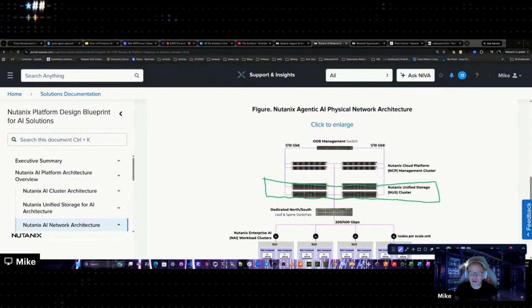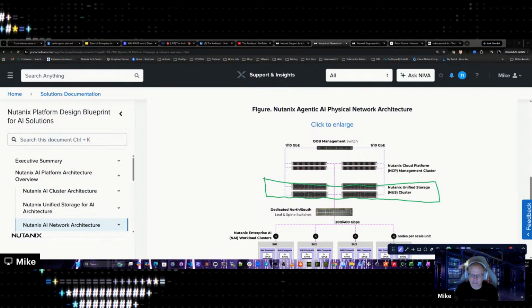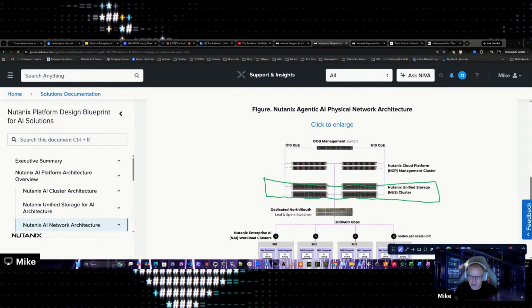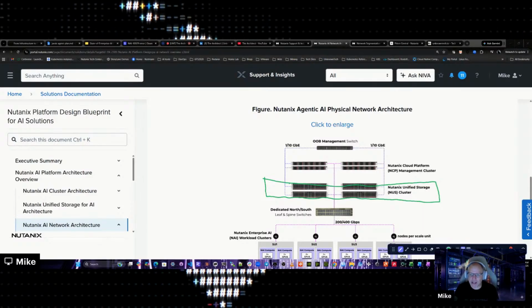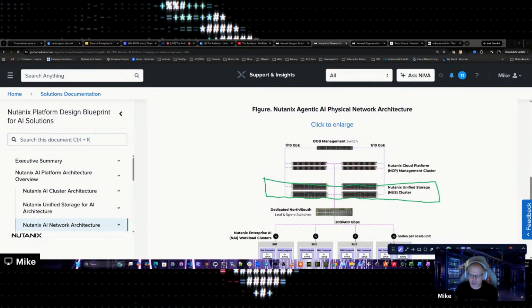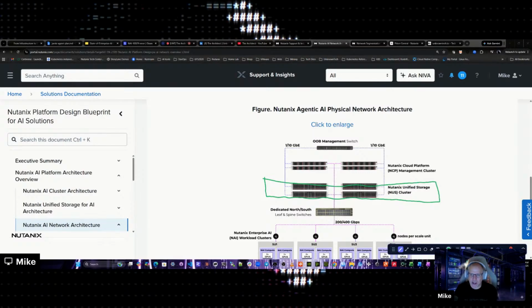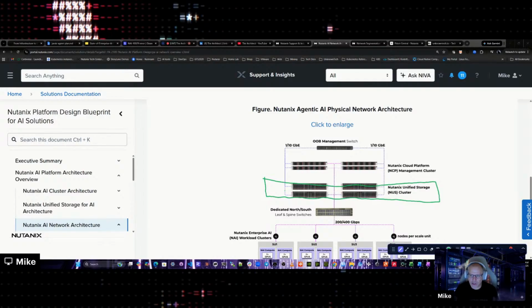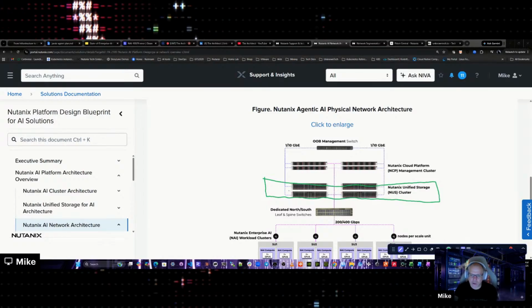We're going to talk about how this scales in a little bit. But these are the servers, the dedicated, can be dedicated, can be shared. We'll talk a little bit about that. I would say for the most part, you'd want dedicated storage clusters for this, that way it only focuses on serving the storage component for your AI workloads. And this is where the models will be stored.